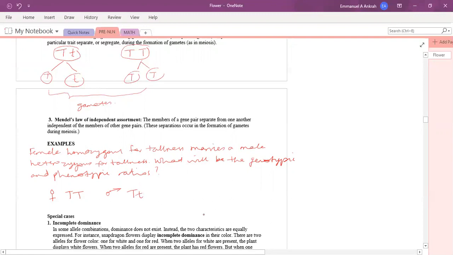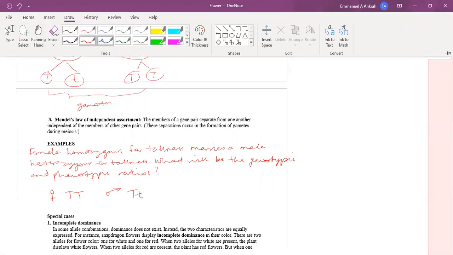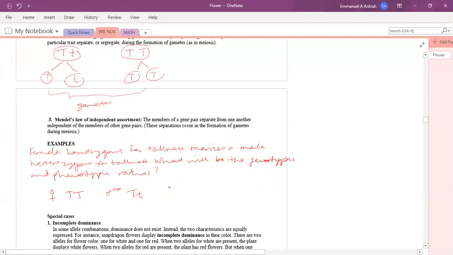Now, to answer this question, you can use what we call the Punnett Square. So we're going to draw the Punnett Square for this.